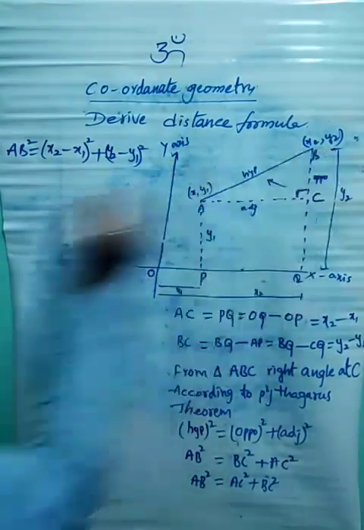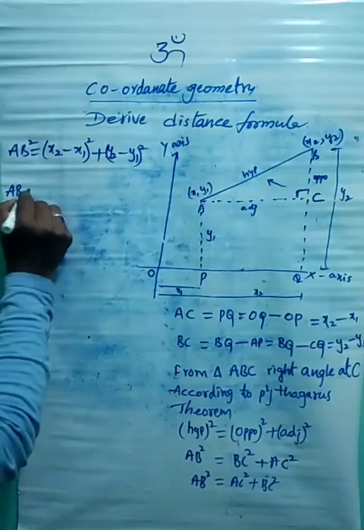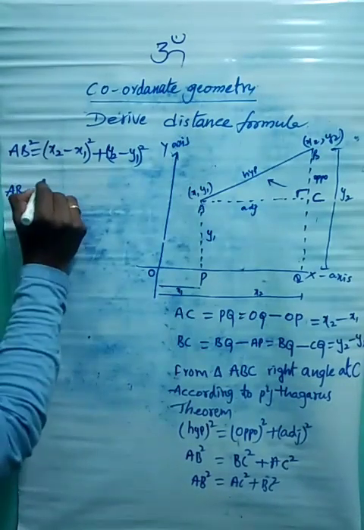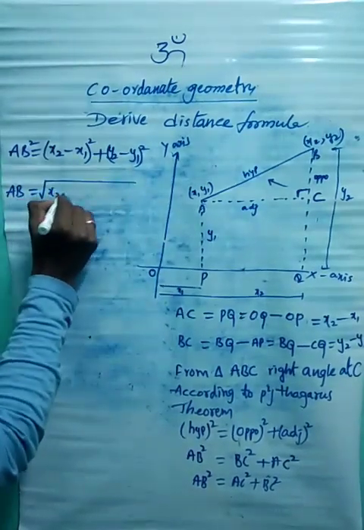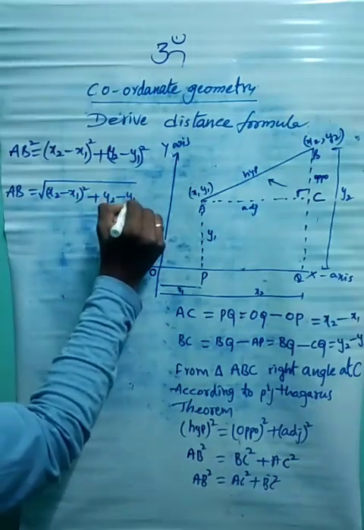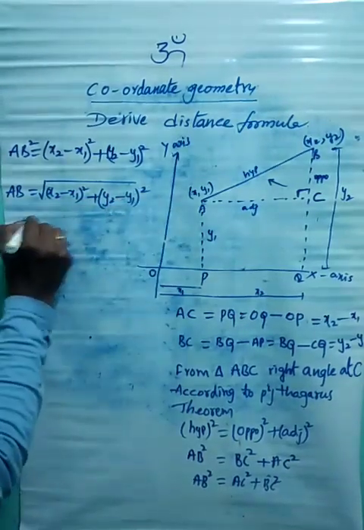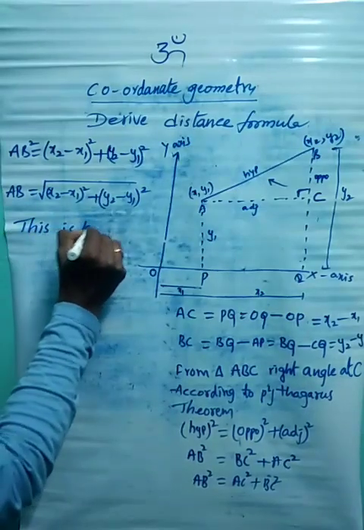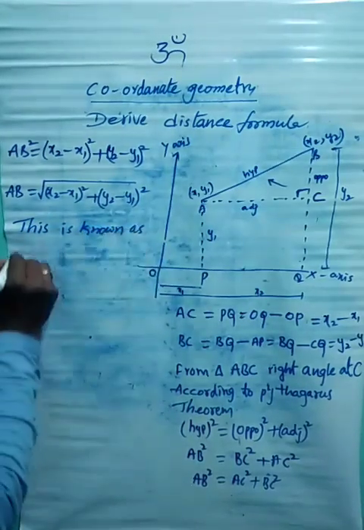Now we want the distance AB. AB is equal to the square root of x2 minus x1 whole square plus y2 minus y1 whole square. This is known as the distance formula.